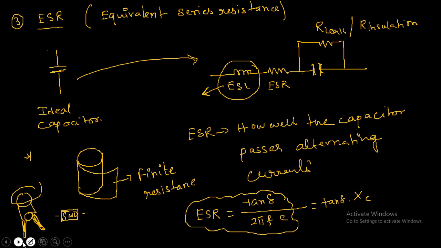Let's say in most cases we just ignore the insulation resistance or leakage resistance. So we can see this is C, this is the ESR, and this is the ESL. Now we have to describe the impedance, because it must consider all these parameters: resistor, inductor, and capacitor.